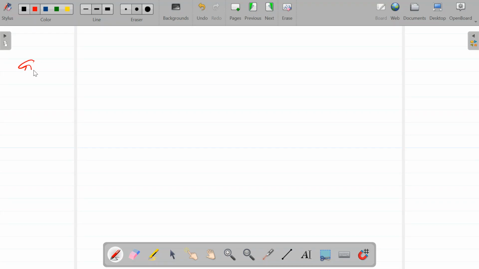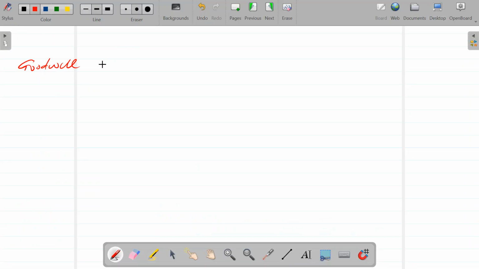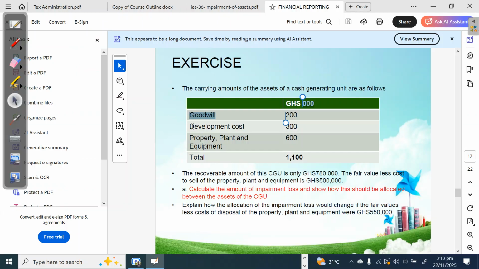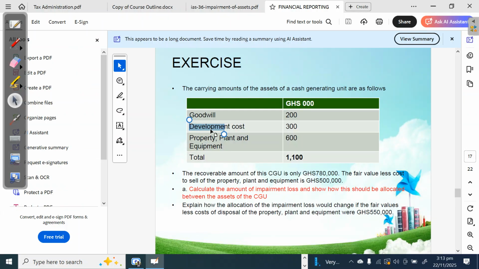So these are the assets. Goodwill has a current amount of 200. Development cost 300. PPE 600.